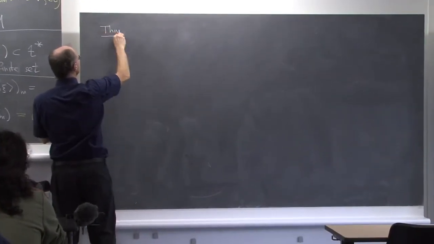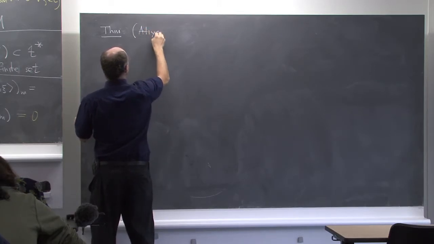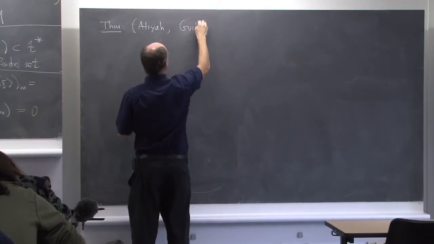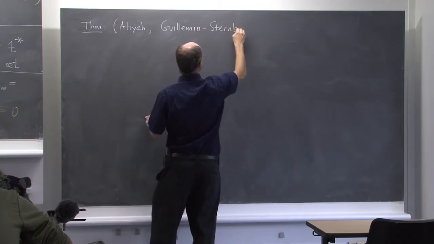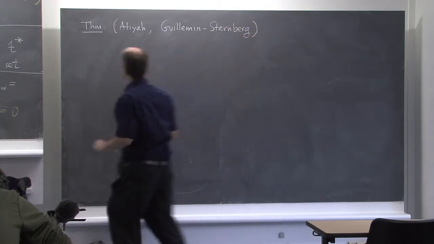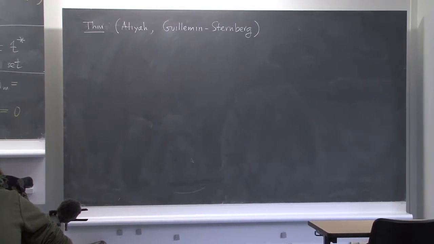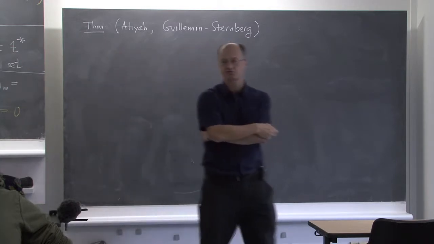Right. So now I would like to state one of the versions of the convexity theorem. It's due to Atiyah and Guillemin-Sternberg, and these are two independent papers, which have somewhat different proofs.